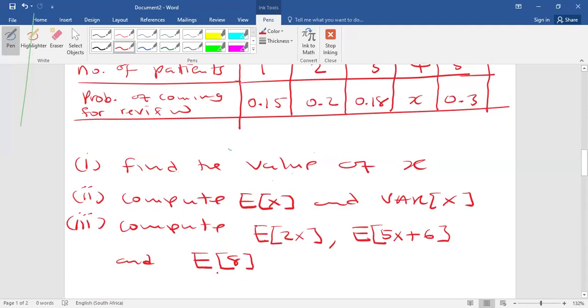Then number 4 is compute the variance of 2x plus 5.